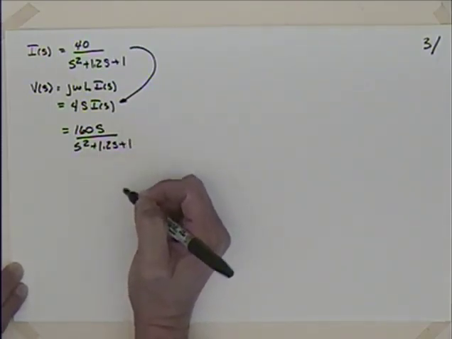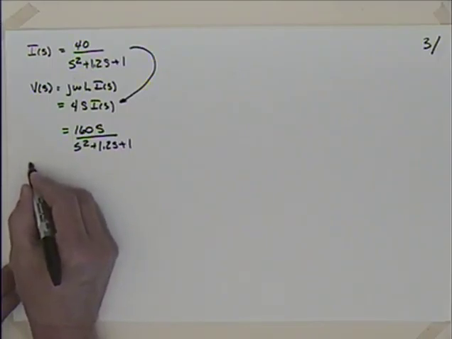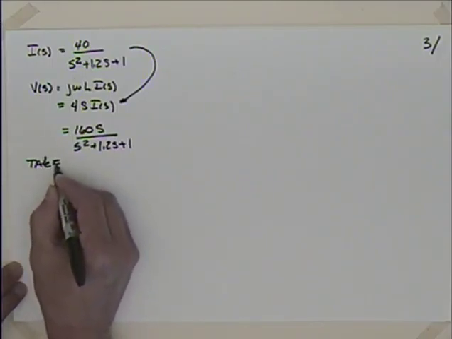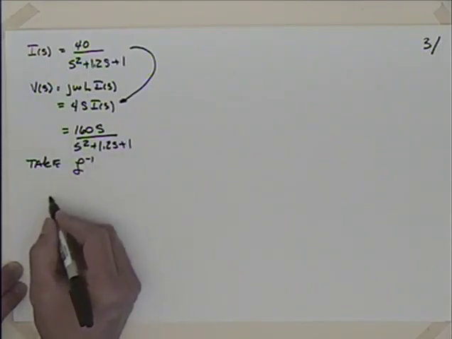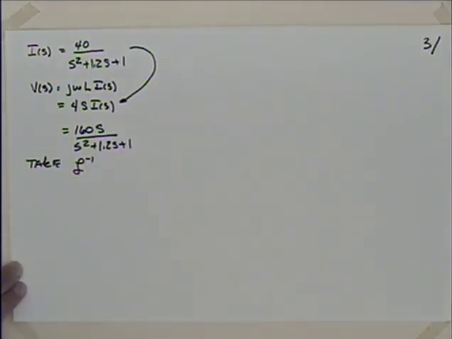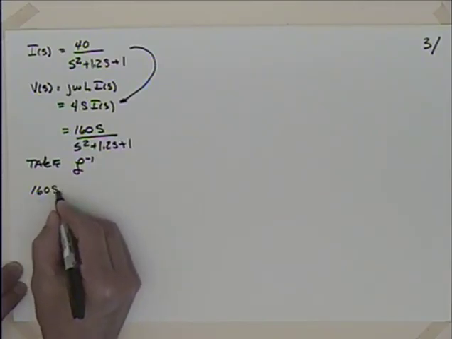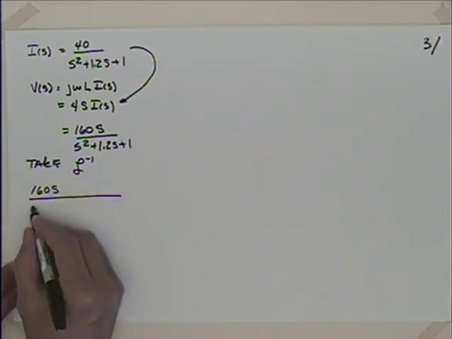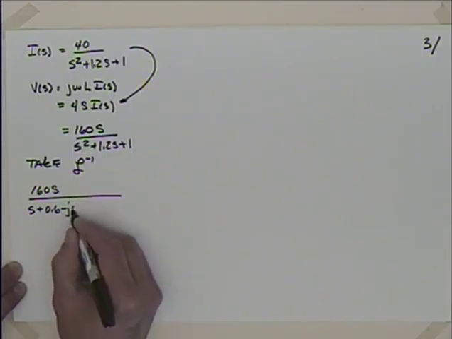And taking the inverse Laplace transform of that, I would have a fairly similar process. I'm going to have 160s divided by s plus 0.6 minus j0.8.